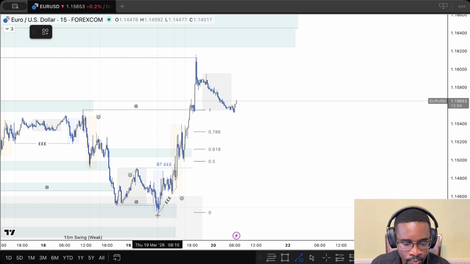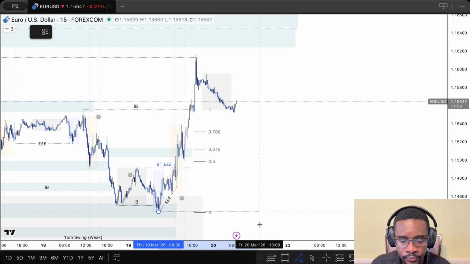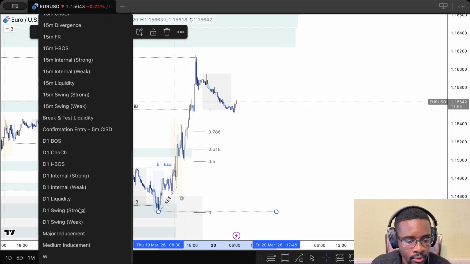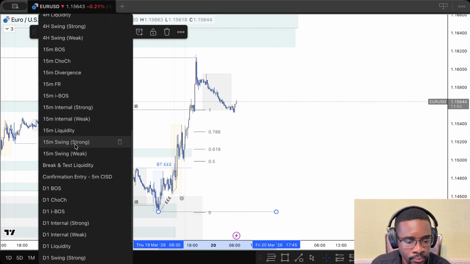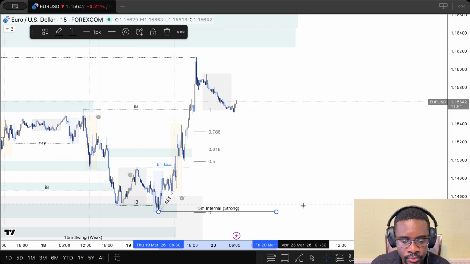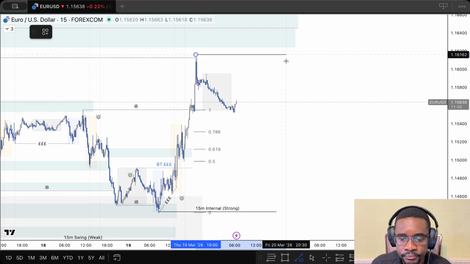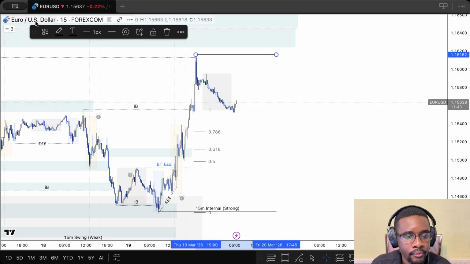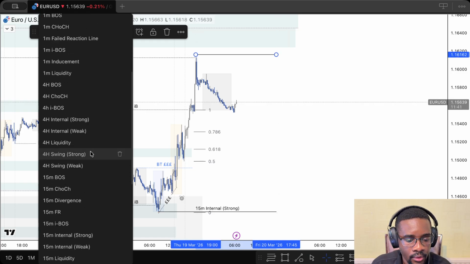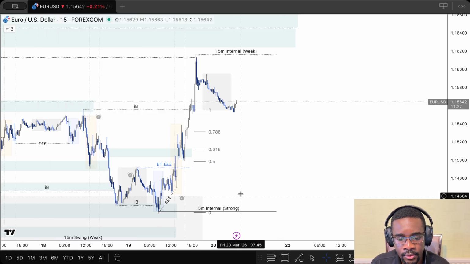So this is now our strong internal low. 59 internal strong, and that is our weak internal high.